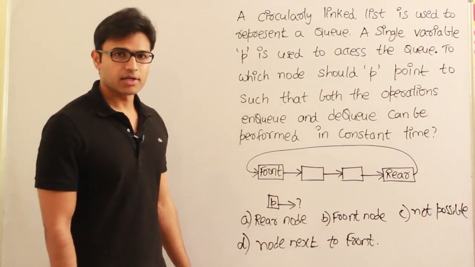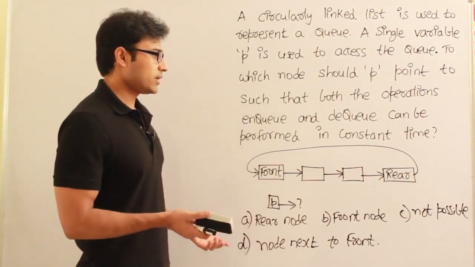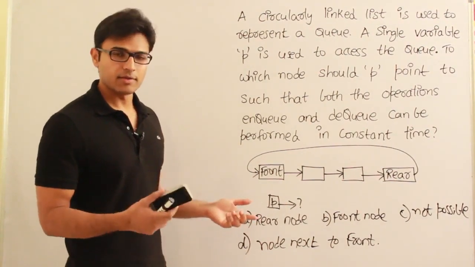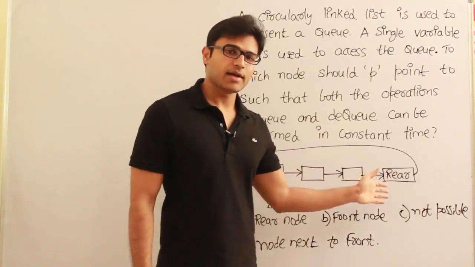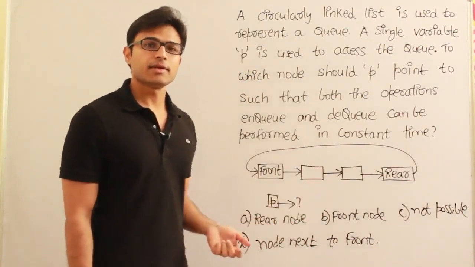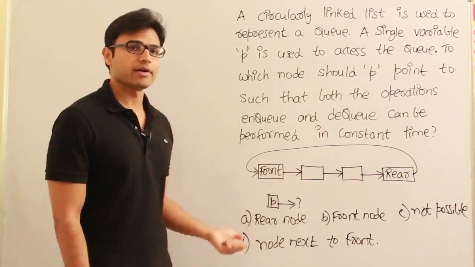So if you observe it, we can perform nq and dq. Whenever we want to perform an nq, which means add an element in a queue, where should we add it? After the rear element, at the end. And whenever we want to delete an element, we should delete the element from the front, right?